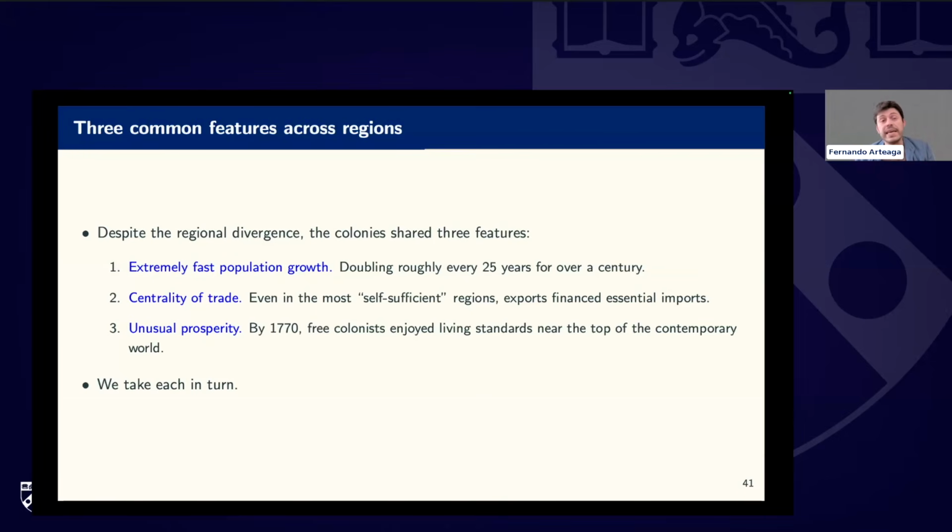And not only that, you're also enjoying a lot of unusual prosperity. Even though the data is scarce because we don't have a lot of information to make inferences, we more or less can attest that by this point in time, in per capita measurements, English colonies were among the richest across the world.